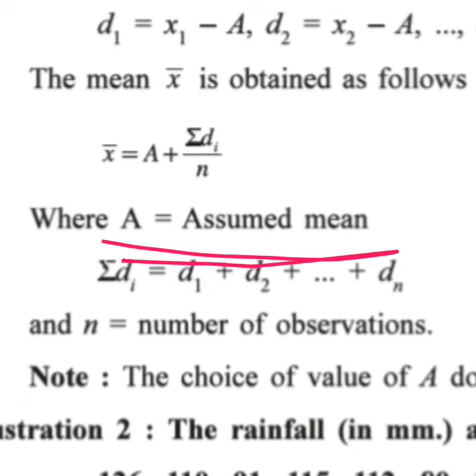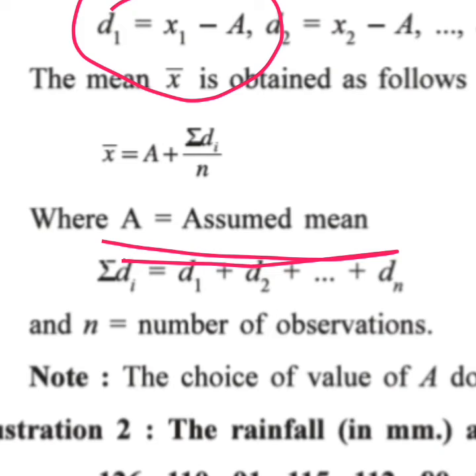A is equal to assumed mean. And d is the deviation. So your di is equal to xi minus a. Xi, or you can say x1, x2, x3, all these are the different observations, from which you deduct your assumed mean.